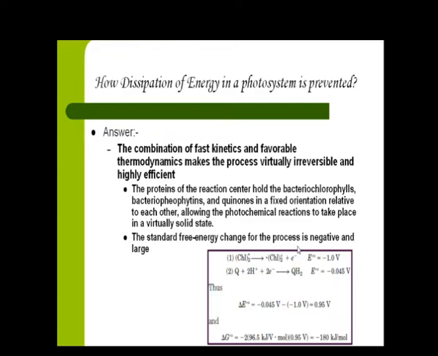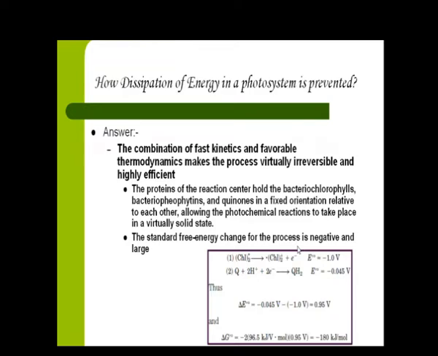If they are placed close to each other, and one gets excited and comes back to its ground state, only then the other will be able to take up the energy. If they are floating in solution very far away from each other, and one molecule gets excited and comes back, will the other molecule be able to take that energy? No, because they are far apart from each other.